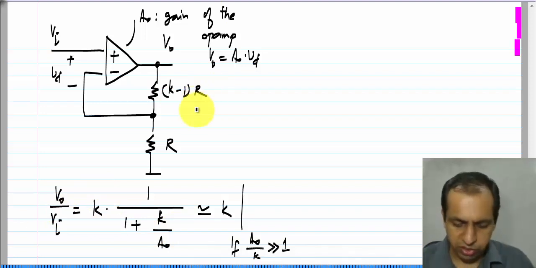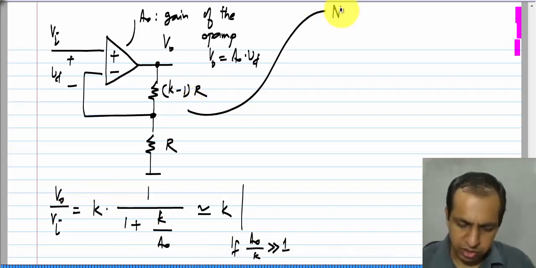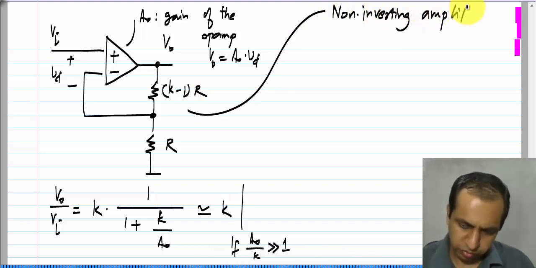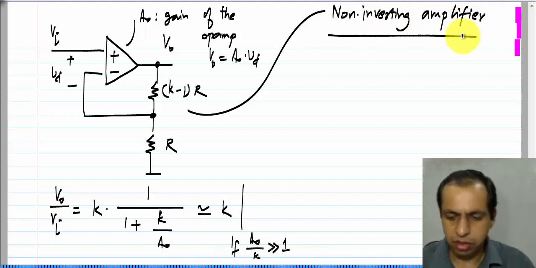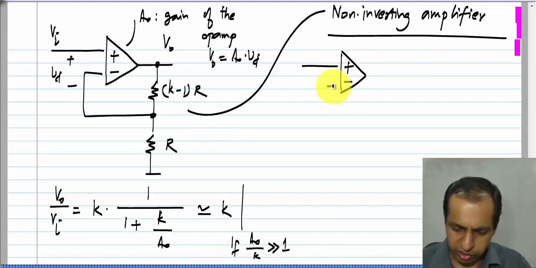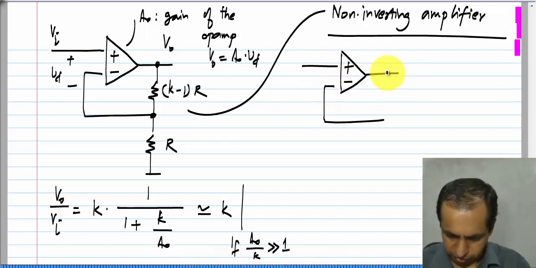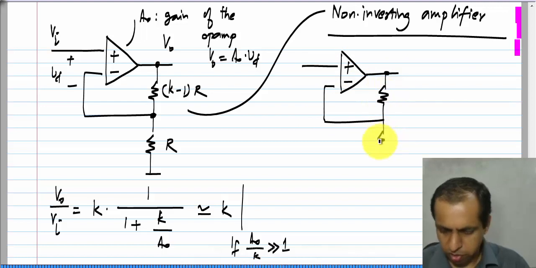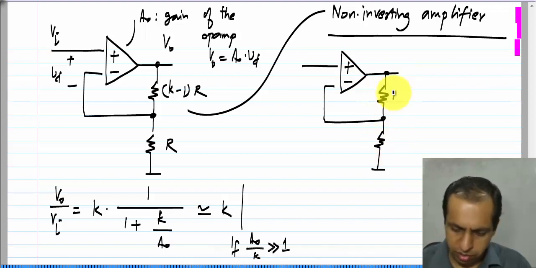Now, this particular circuit, it is a classic op amp circuit known as a non-inverting amplifier, and very frequently you see it in textbooks with a slightly different notation for resistors.